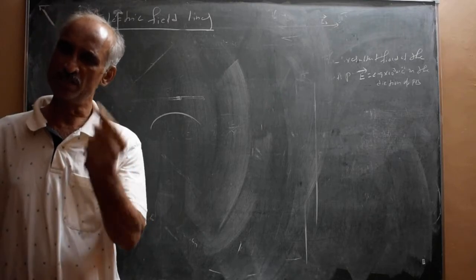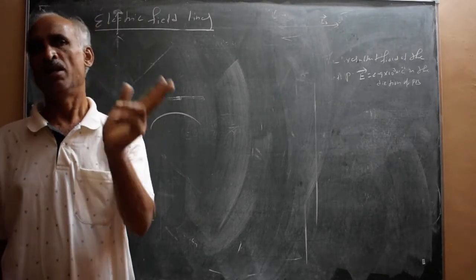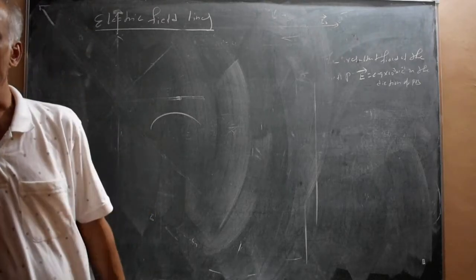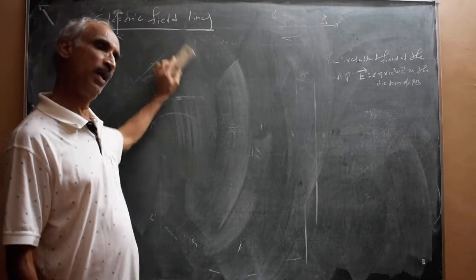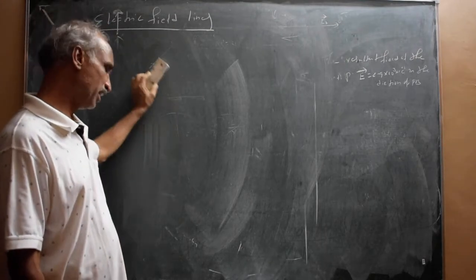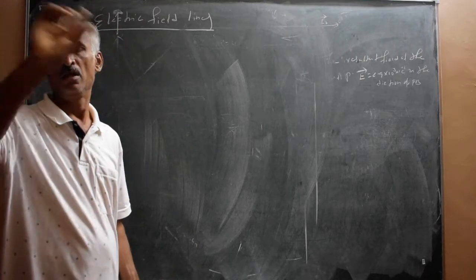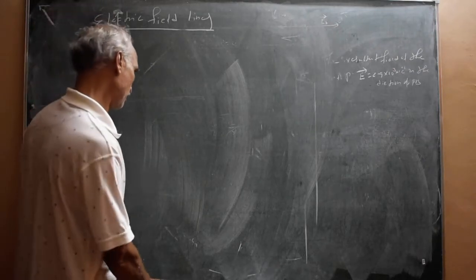If a single charge is there, we can call it a charge configuration, or if multiple charges are there, that also can be taken as a charge configuration. Pictorial representation of a charge configuration is actually a space curve. The field lines are curves drawn in the space. Tomorrow I will continue that theory.